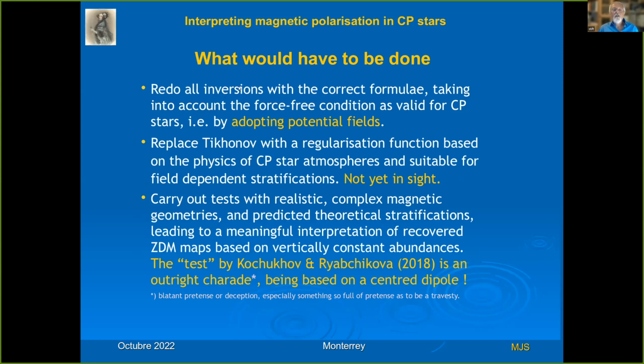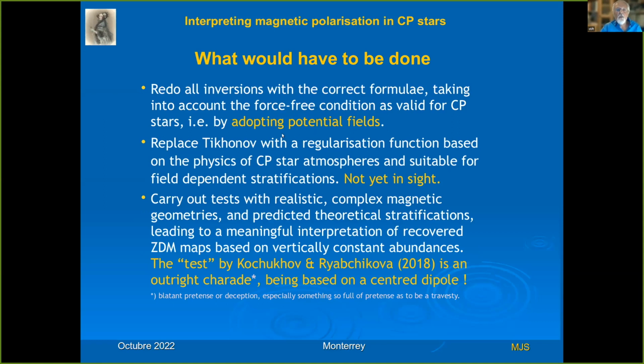All inversions have to be redone with the correct formula. That means adopting potential fields, because for force-free fields you cannot assume a priori some force-free field. It evolves with time, and you cannot follow the evolution of these fields during the lifetime of a CP star.